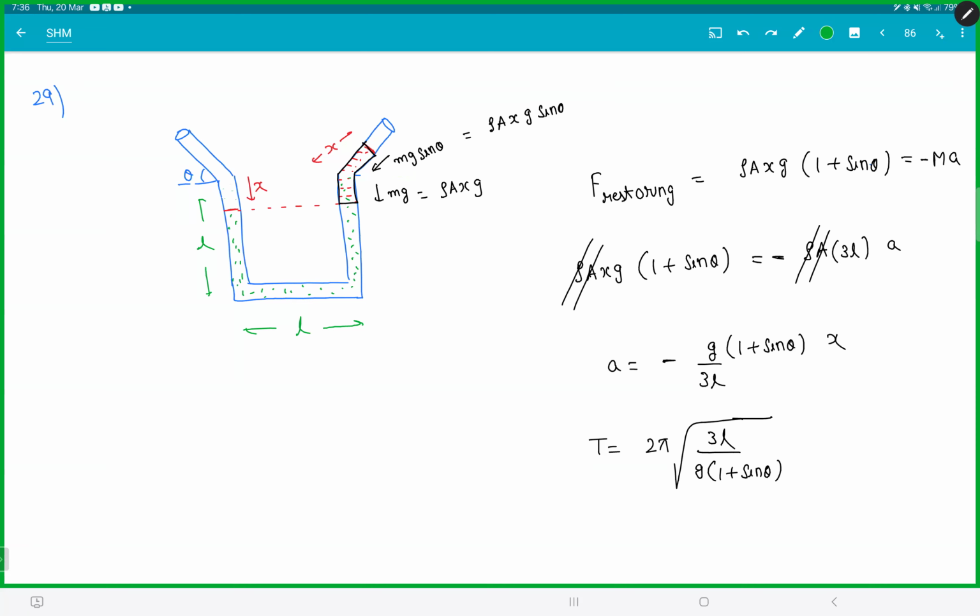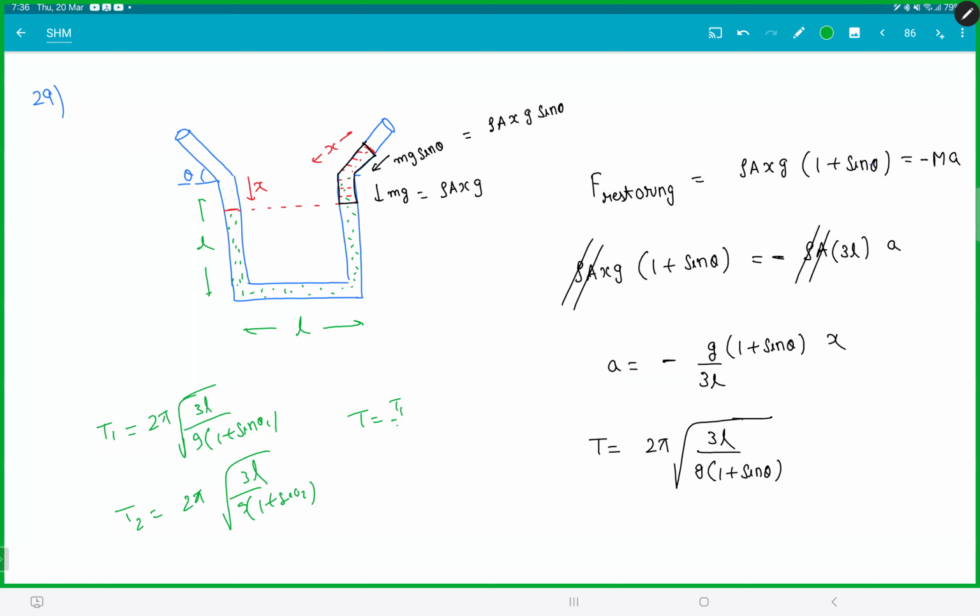You'll get two different time periods, no? T1 will be 2 pi root over 3L by g into (1 plus sine theta 1). When you're on the left hand side, you'll get time period T2 as 2 pi root over 3L by g into (1 plus sine theta 2).